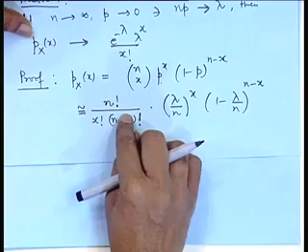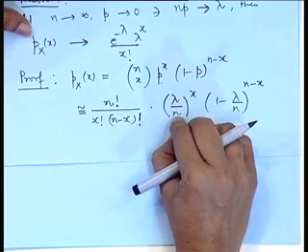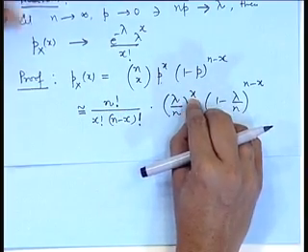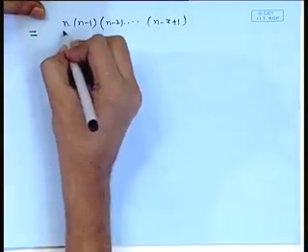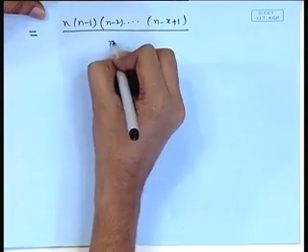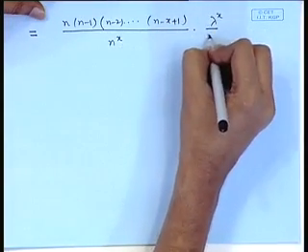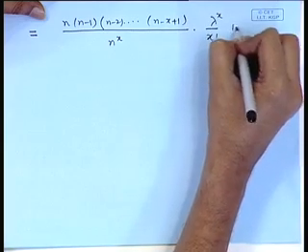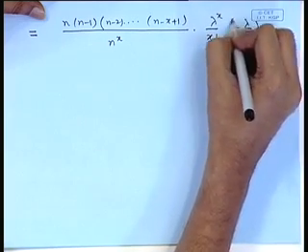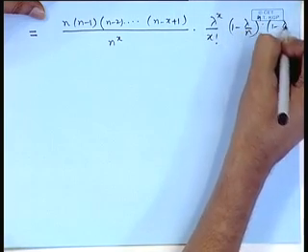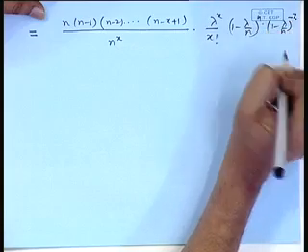This term has been adjusted. In the denominator, we have n to the power x, so we put this term here. So, we are left with lambda to the power x by x factorial. Then we have 1 minus lambda by n to the power n and 1 minus lambda by n to the power minus x.